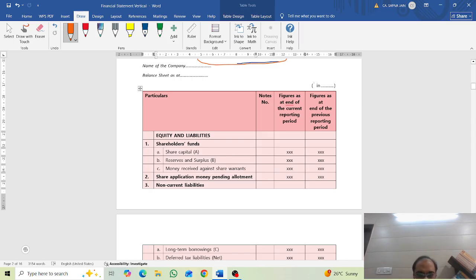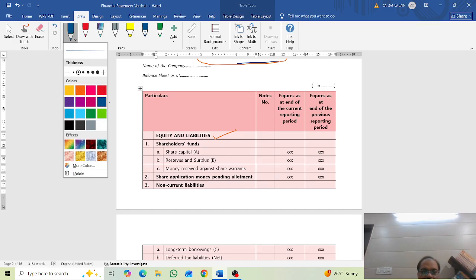And the company's balance sheet starts from the equity. Then the major heading of the liability side of the balance sheet is equity and liability.